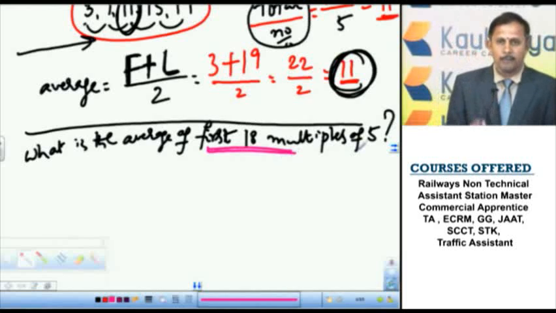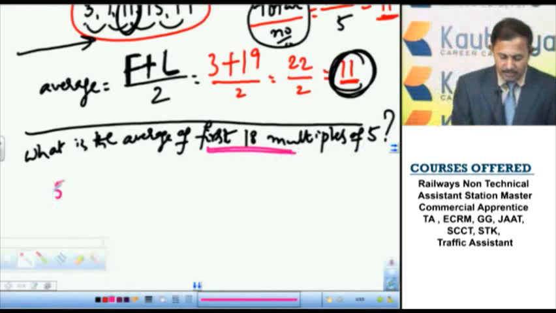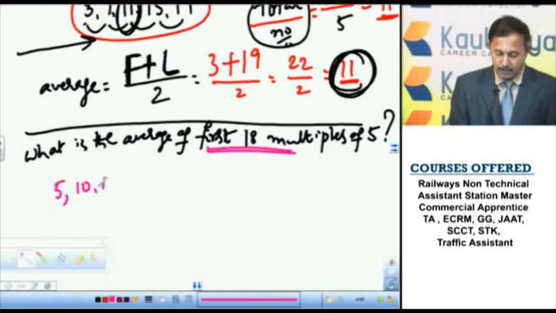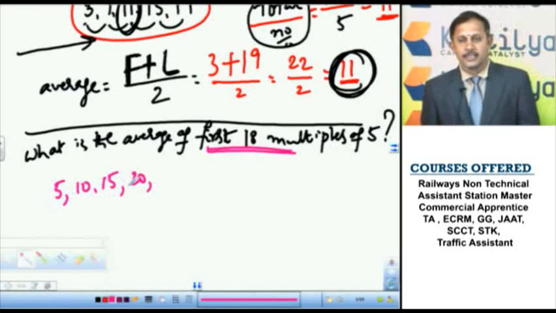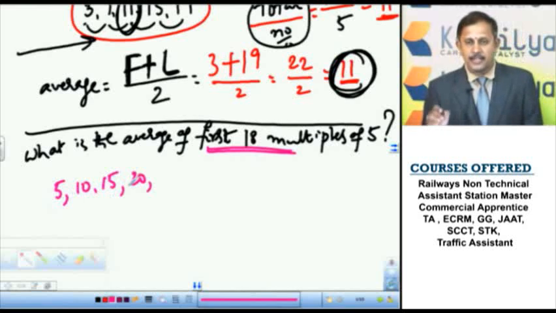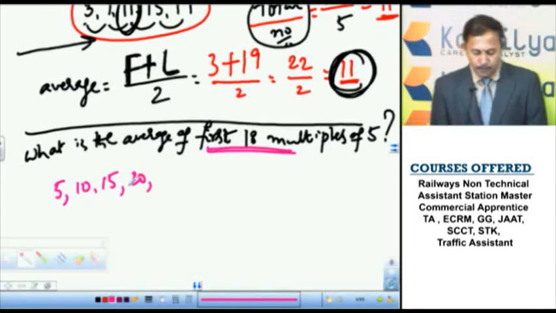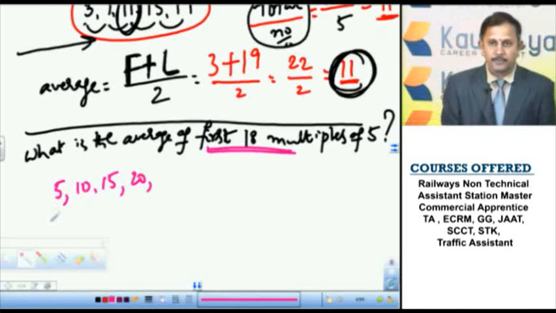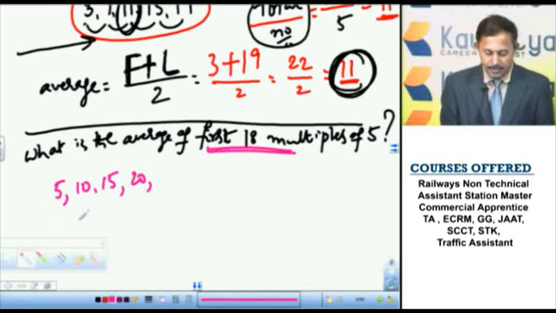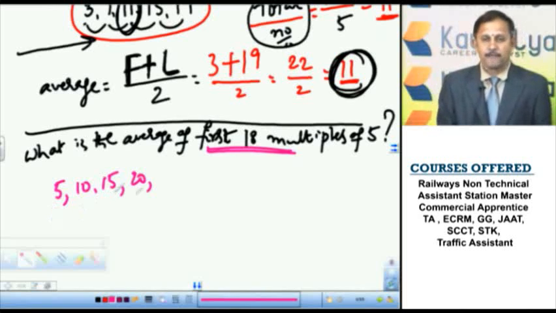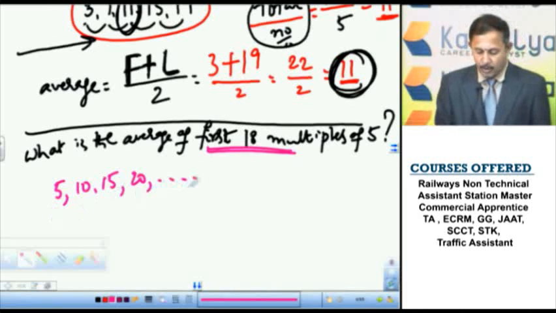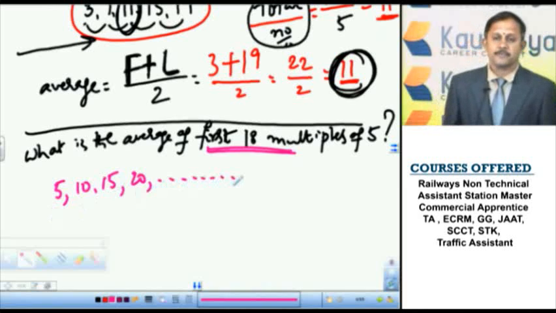You all know multiples of 5, that is 5 into 1, 5 into 2, 5 into 3, 5 into 4. So like that we are interested in 18 elements. These 18 elements must be the multiples of 5. So therefore the first element is 5, the second element is 10, the third element is 15, and the fourth element is 20. Then what will be the 18th element in that series?